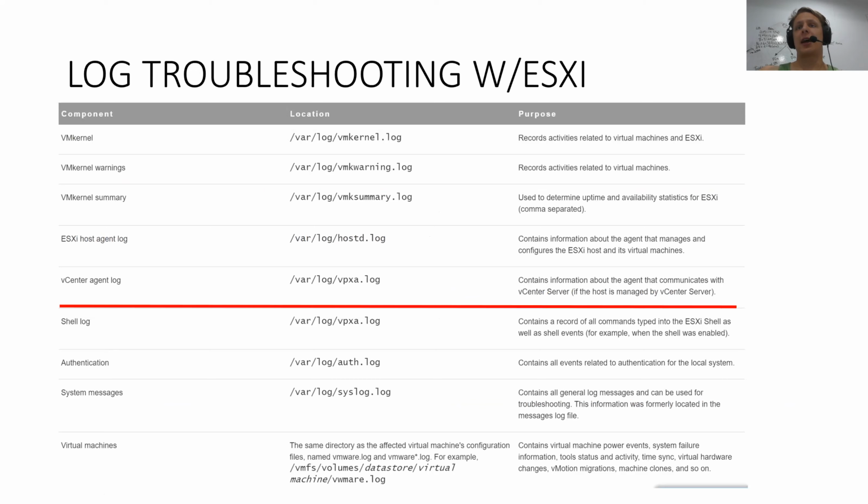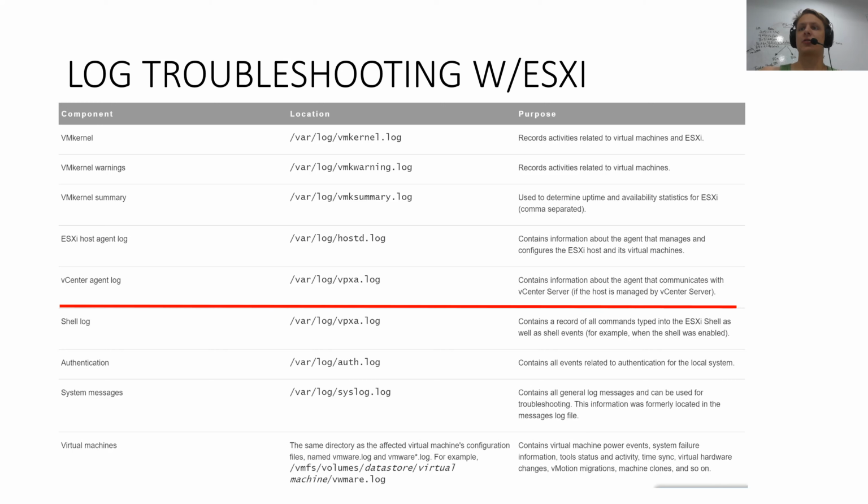Now, if you're looking at troubleshooting within the ESXi client, you could see the information in the VPXA log, maybe it's the vCenter agent log, I don't know.